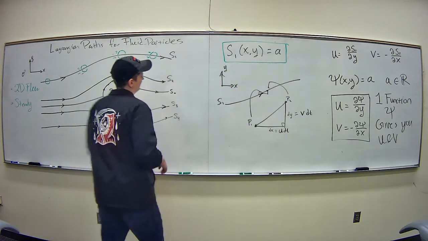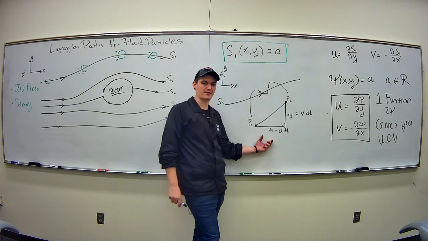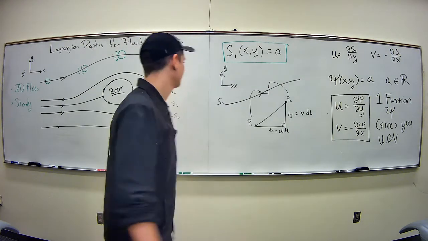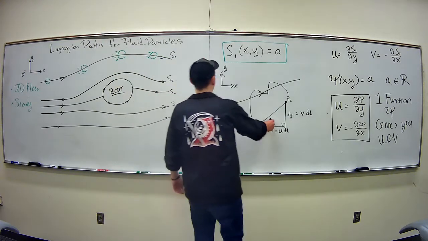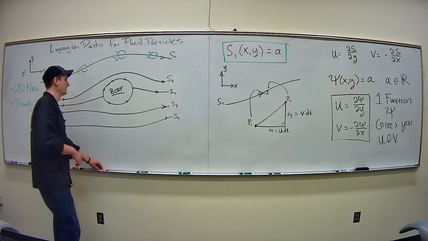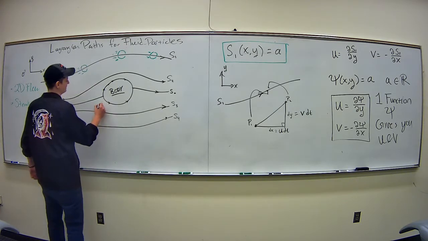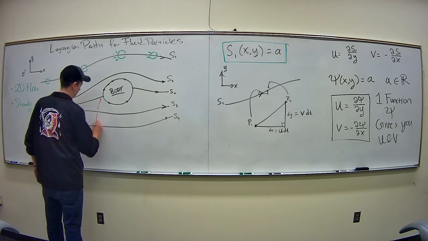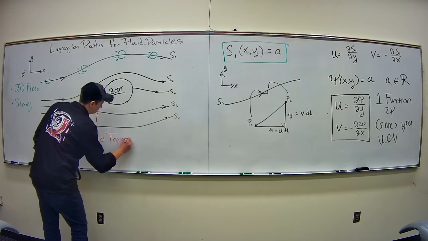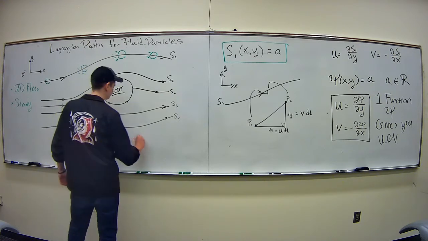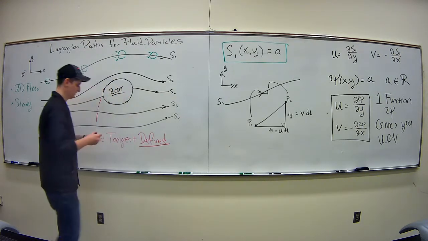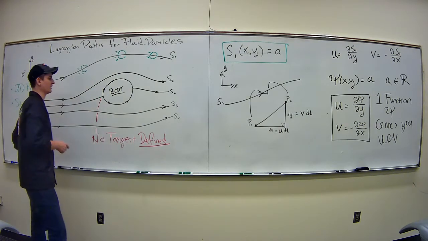One other thing, though, and that's where this breaks down. This argument breaks down if you have stagnation points. Notice right here, I can't take a tangent there. This curve here, I'm going to erase this.